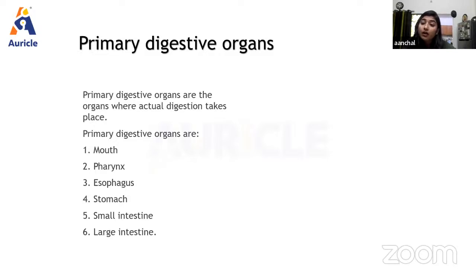Whenever the food is processed inside the stomach and is ready to be delivered into the small intestine, the pyloric sphincter relaxes and the food easily passes into the small intestine. Then from the duodenum, the food reaches the jejunum, and then from the jejunum, it reaches the ileum.